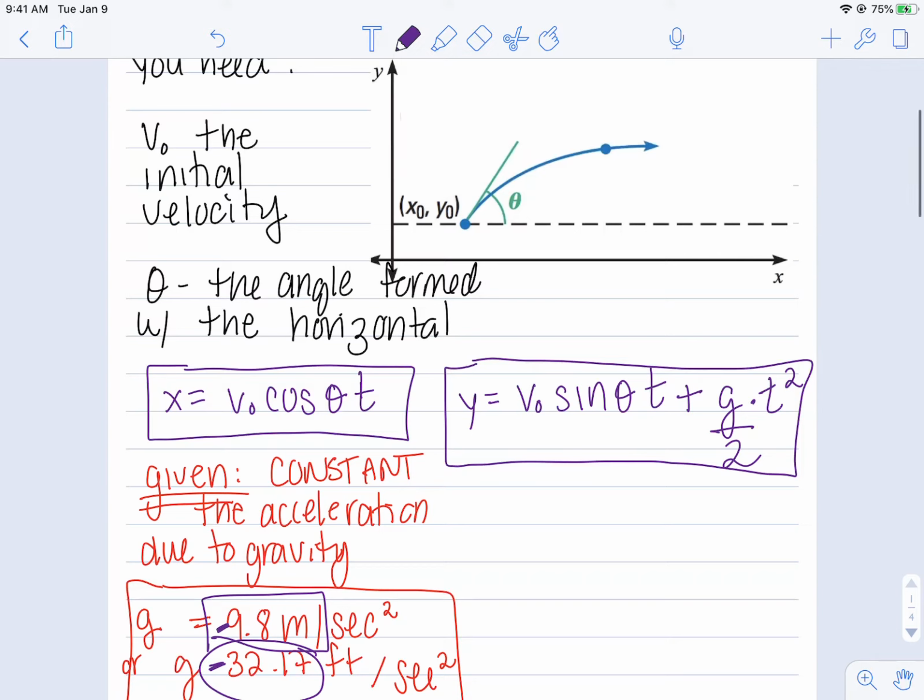That will give you the location of the projectile, the x comma y coordinate, where x is v cosine theta times t and y is v sine theta times t plus g t squared over 2, where g is always going to be negative. If you want to make that a minus from the get-go, that's fine, so we don't forget.